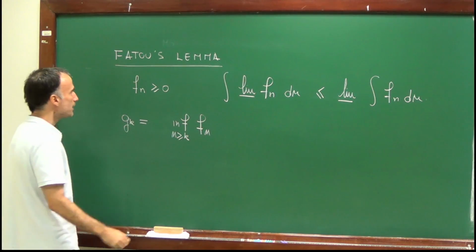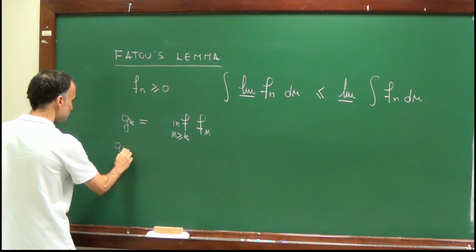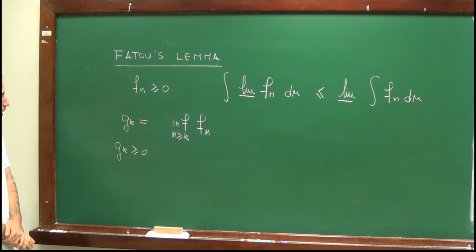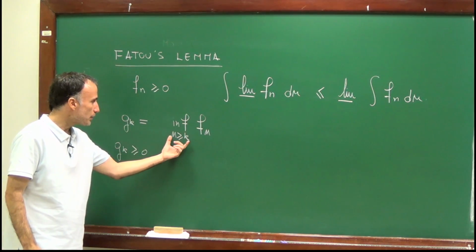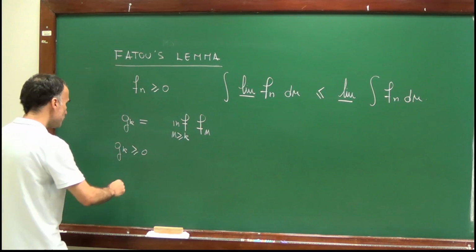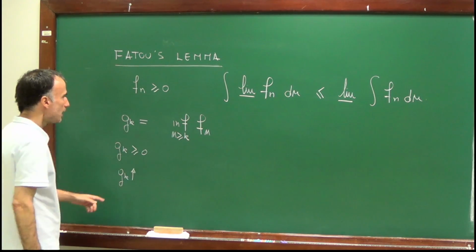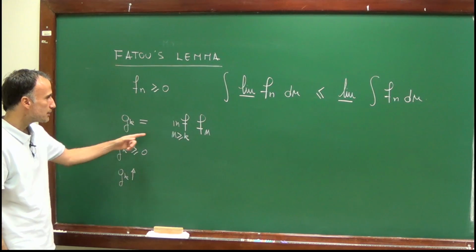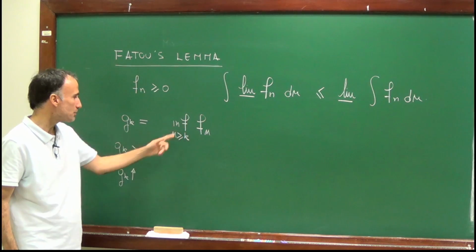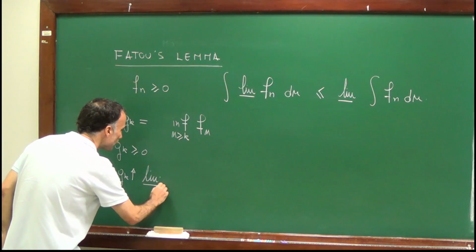So gk is certainly a sequence of non-negative functions. It's increasing because here we are taking the infimum over a smaller and smaller set. So gk increases. And which is the limit? Well, it's the limit as k tends to infinity of this expression, just the limit inf. So gk is converging to the limit inf of fn.